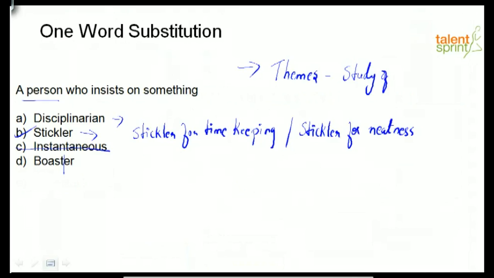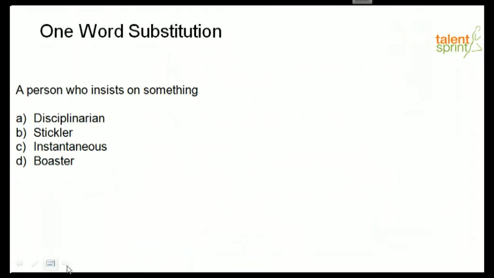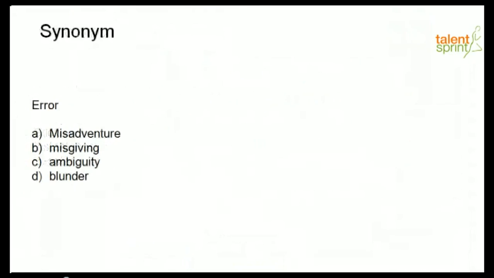Let's look at one more, right, in terms of synonyms and antonyms, which is also part of vocabulary. Right? I have error, misadventure, misgiving, ambiguity, and blunder. So we're looking at a synonym for this word, error, out of these options. Right? A quick dissection of the word, how to approach it.